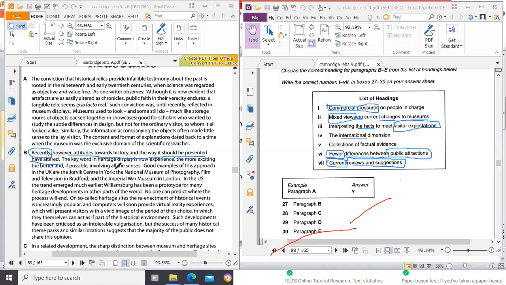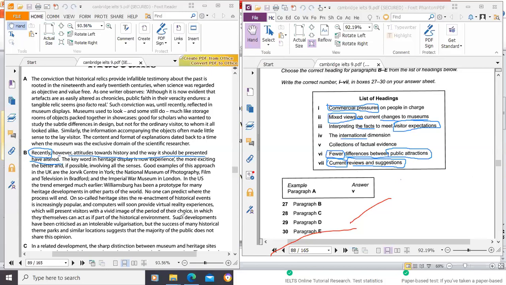Then, moving on to the so-called blah, blah, blah, they are still citing examples, which will present visitors with a vivid image of the period of their choice, in which they themselves can act as if part of the historical environment. Such development, blah, blah, blah.